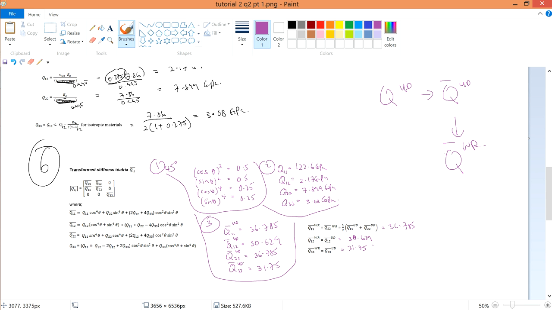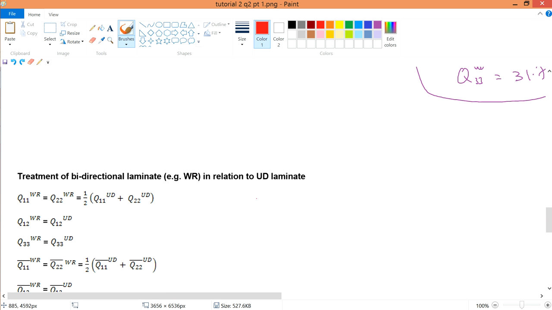This is what we have done. Now I have the alternative method where instead, you use Q UD to find Q WR, and use Q WR to find your Q bar WR. This is the lecturer's method, but it's the same thing. It just depends on how you're going to use them.